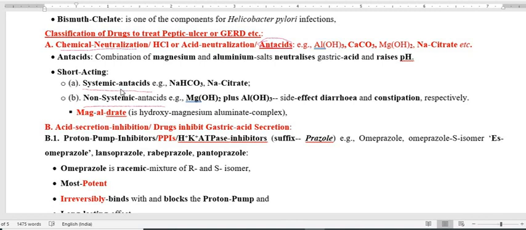Under the systemic antacids, the best example is soda bicarbonate, and another example is sodium citrate. Non-systemic antacids are a mixture of compounds, or singly also, magnesium hydroxide, aluminum hydroxide, or a mixture of both.